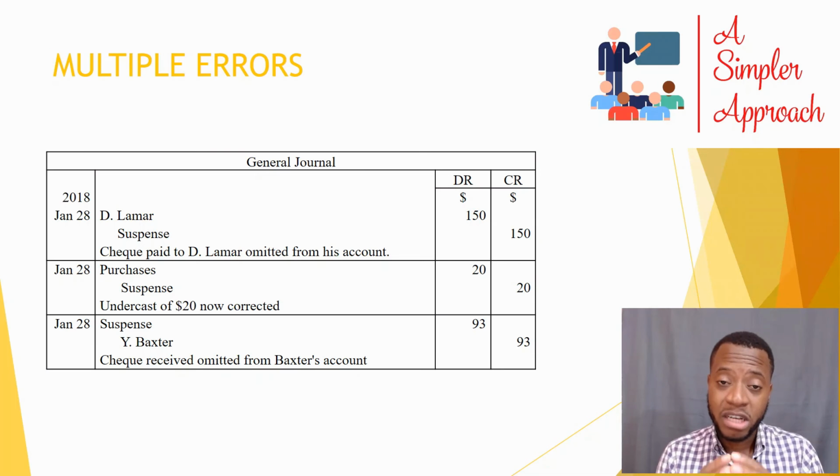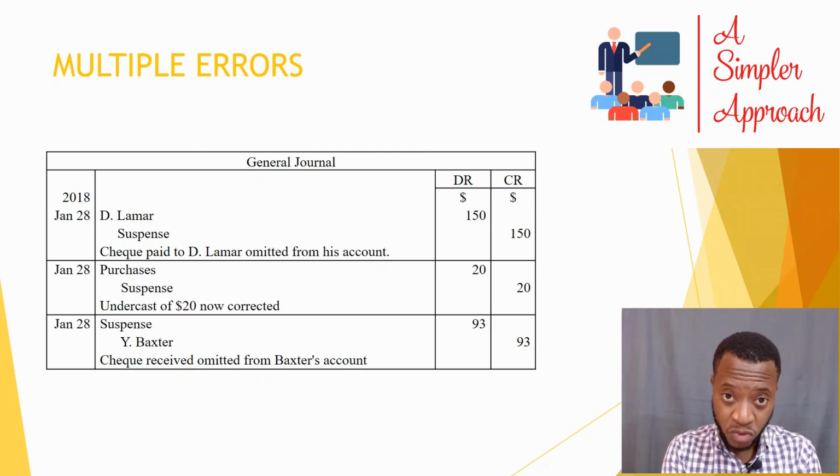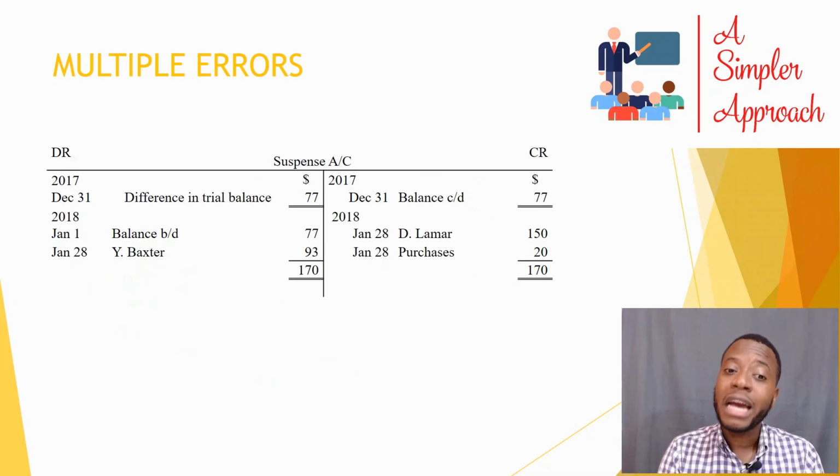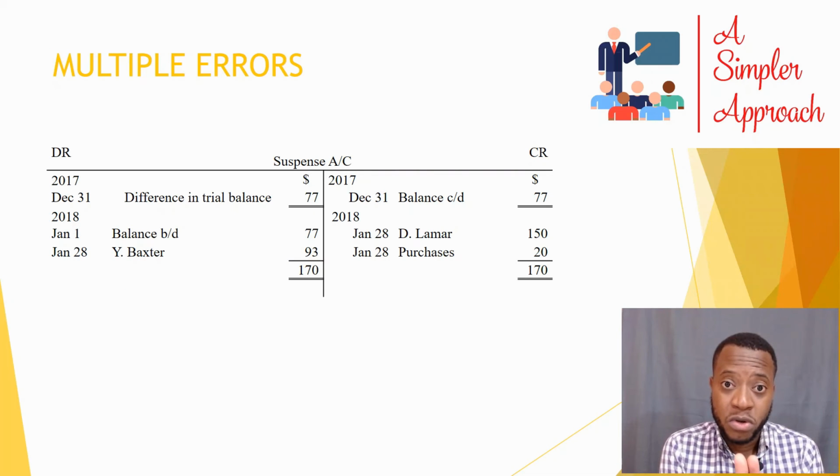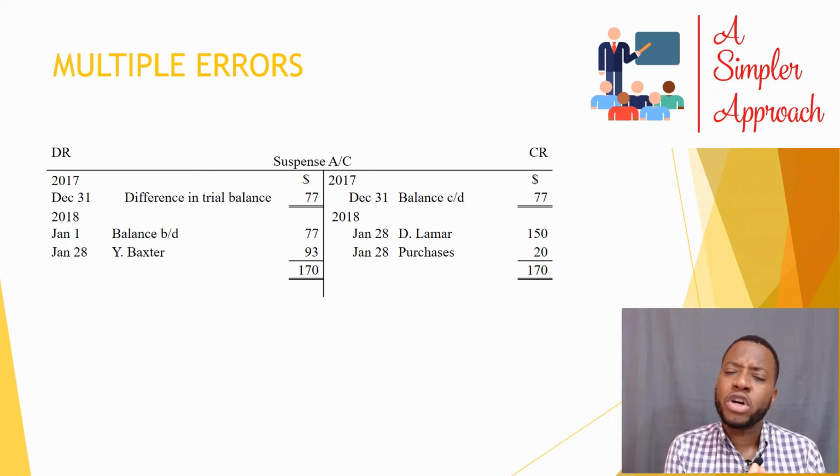Now remember, when errors are corrected, this is what you do in the general journal. But just in case you want to see, I have created the suspense account for you. This is what the suspense account will look like. So in the upper right hand corner where you see balance carried down, that's the action following the trial balance being short of $77. The suspense account was opened, the accounting period closed, and the error was not found.